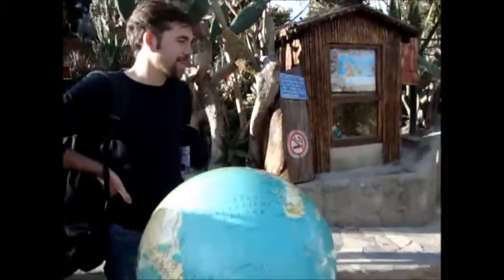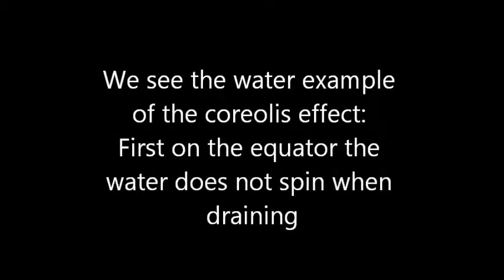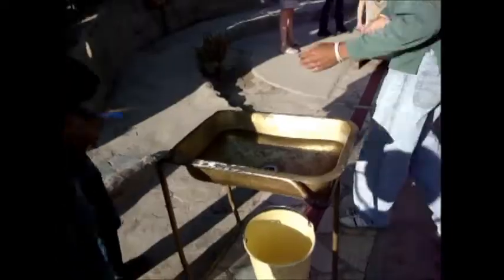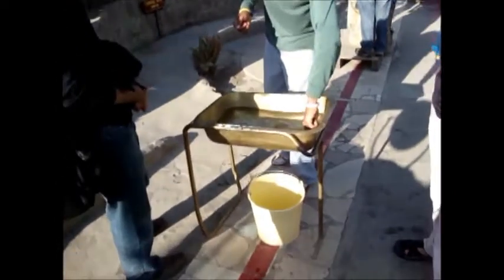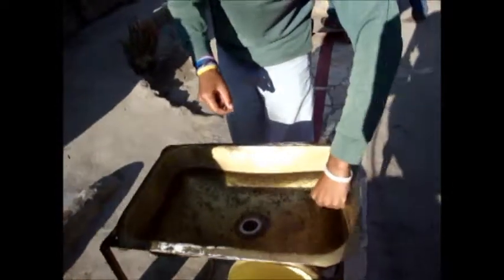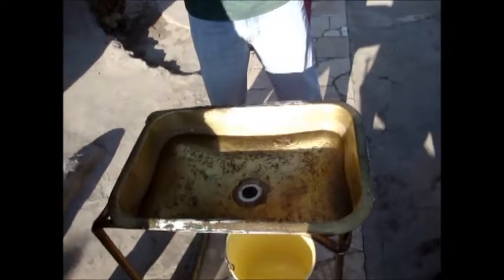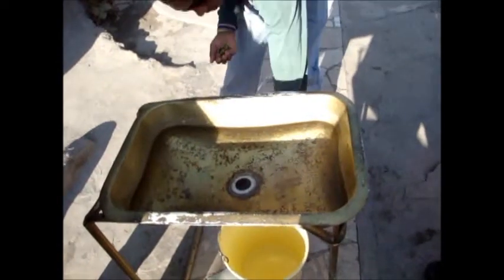And here we can see with water first. On the line, the water goes straight down. Here we can see a whirlpool or vortex, okay? Focus your camera on the surface.